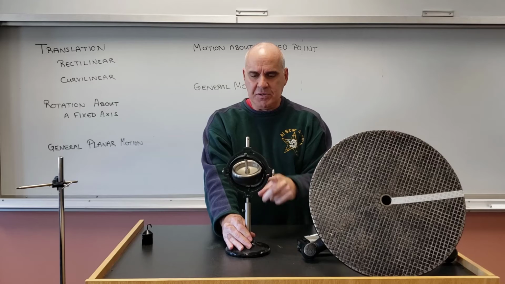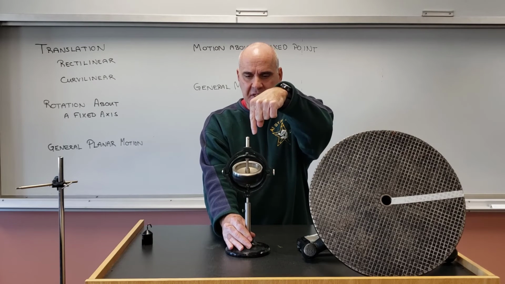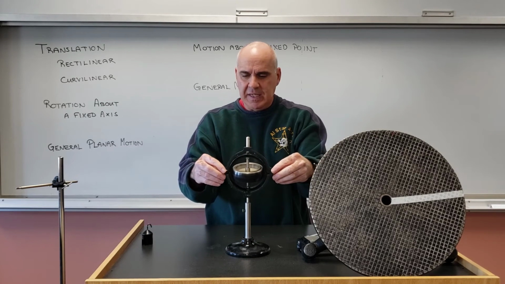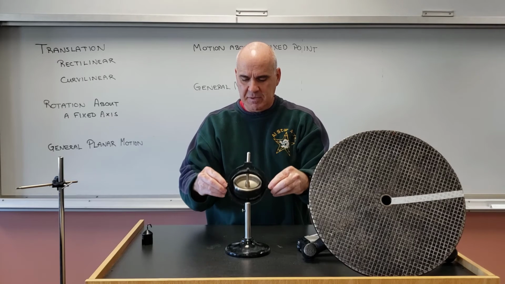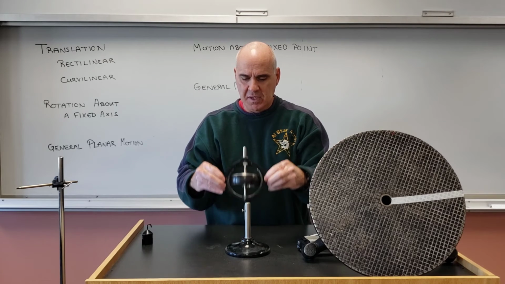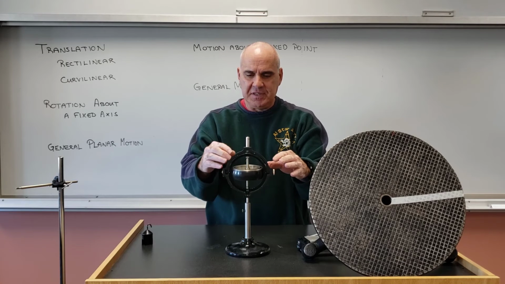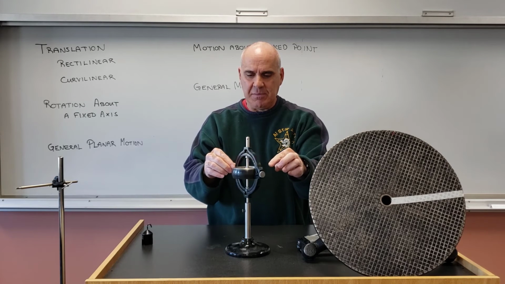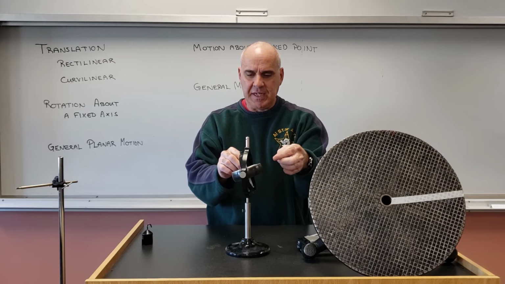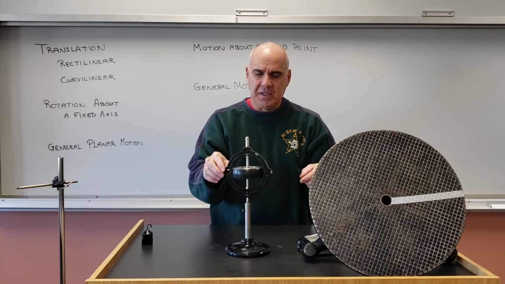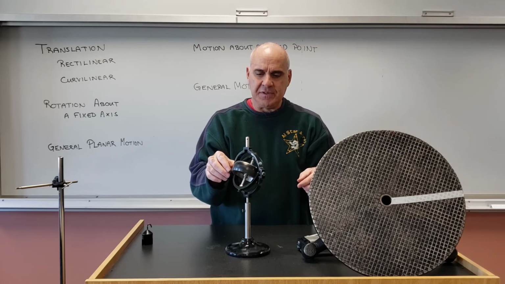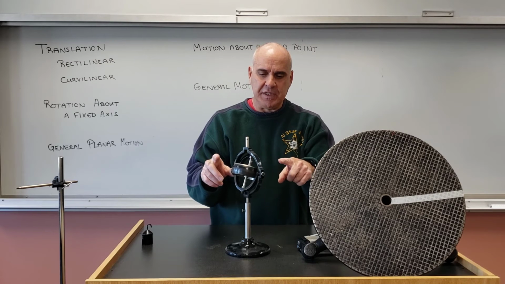But as this thing rotates about its axis, you'll also see this axis is moving. And I don't think it's strong enough to stand up on its own. No, it's not rotating fast enough to do that. But there are combinations. As this is rotating, you can see motion like this. I can really complicate it and move it in this direction. But there's a lot of different stuff going on as this thing rotates.